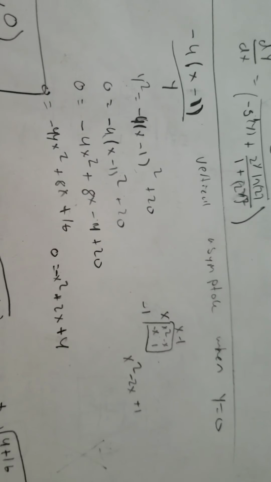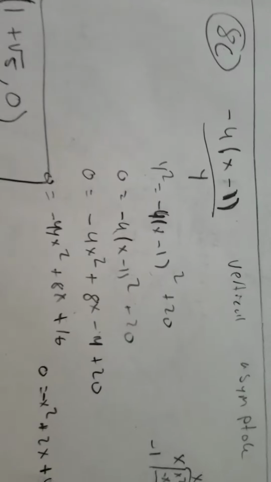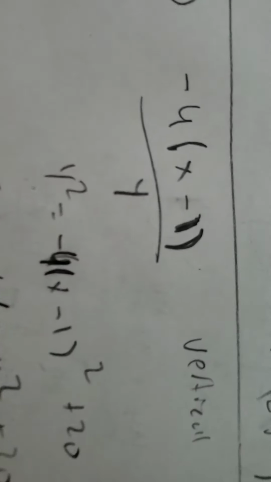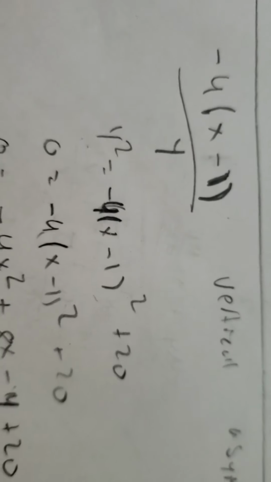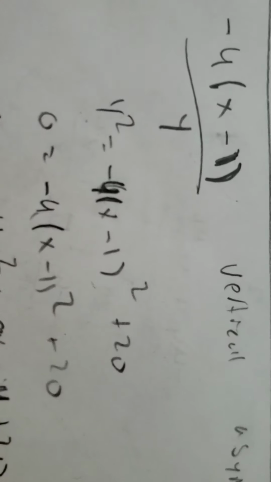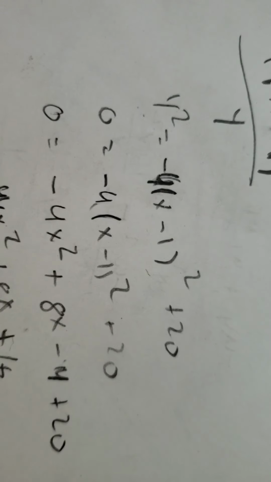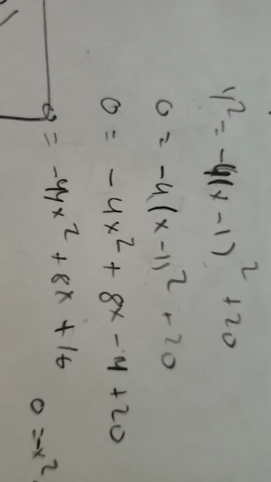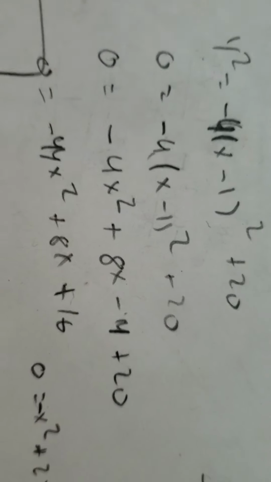And the slope will be vertical. You need to get the vertical asymptotes of the derivative equation, and that's when the denominator is 0. So that's when y equals 0. So you plug that into the original equation, and you get 0 equals negative 4 times x minus 1 squared plus 20, which is negative 4x squared plus 8x plus 16.